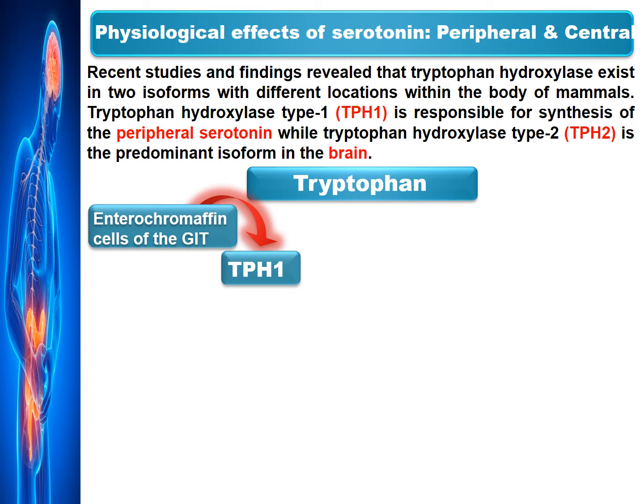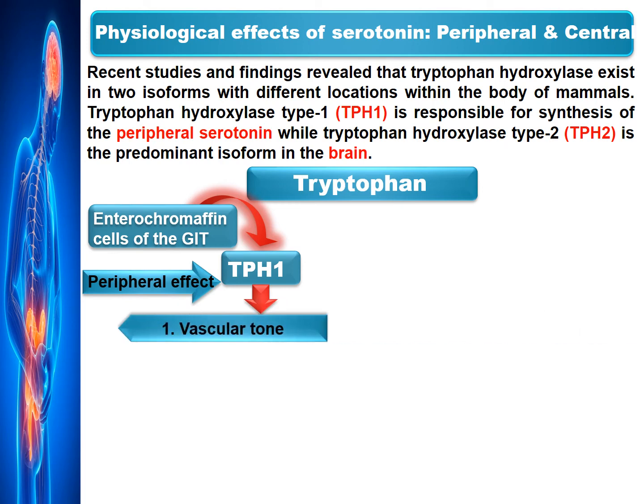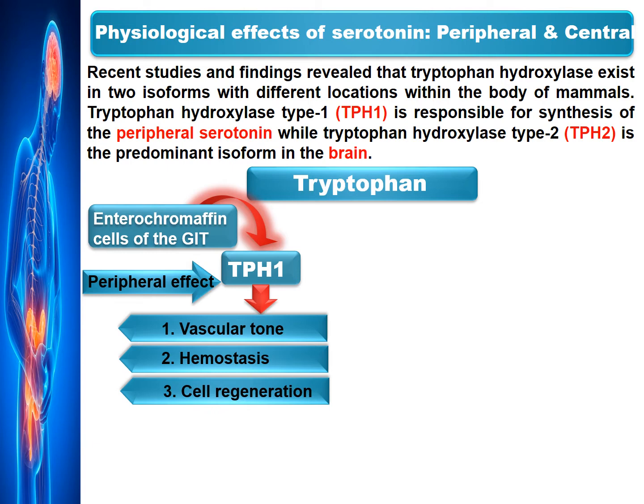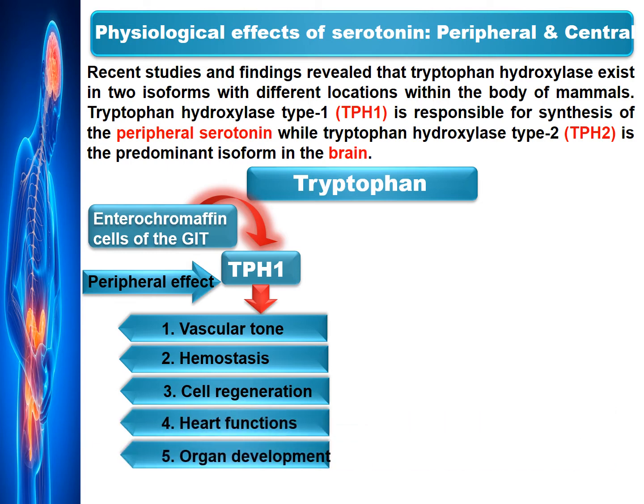And this peripheral serotonin has peripheral effects on vascular tone, hemostasis, cell regeneration, heart functions, organ development, and intestinal motility.